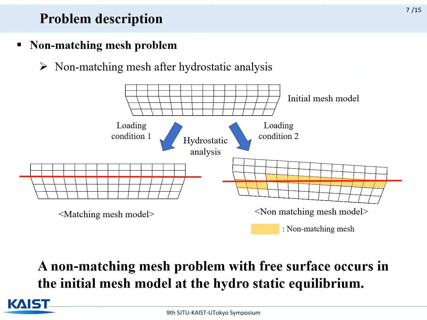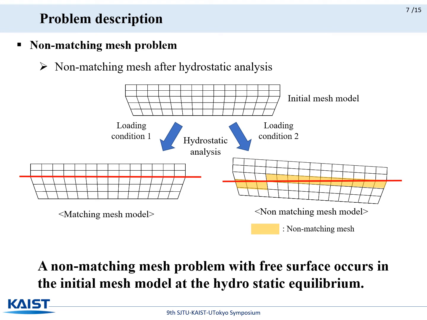After the hydrostatic analysis is performed by applying loading information to the initial mesh model, the posture of the floating structure can be obtained in static equilibrium state. At this time, the initial mesh model can be posed as a mesh model in a matching state that matches with the free surface as shown in the left figure.